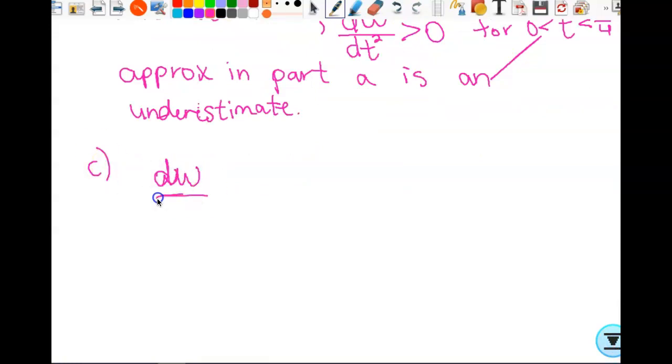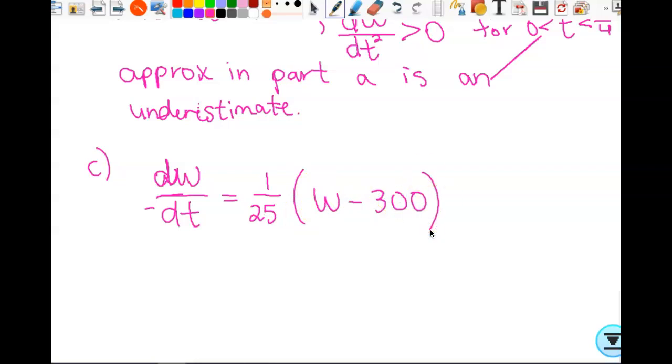dw dt. All right, what's the first step, guys? Good. All right, so first step, separate variables, okay?